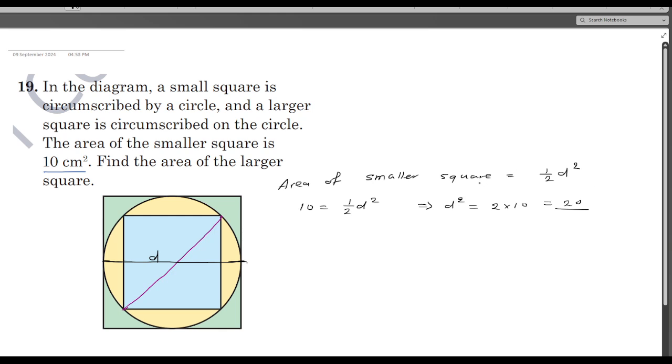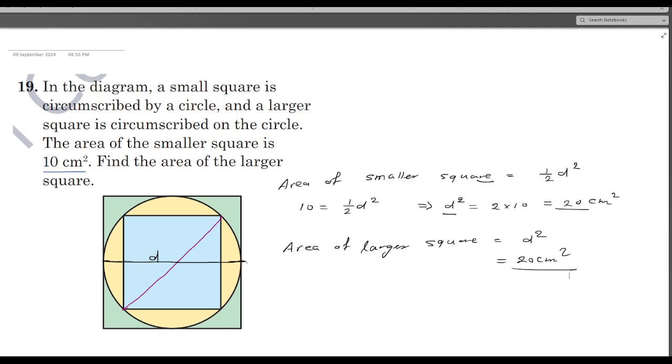So D square is 20 centimeter square. The area of the larger square equals D square, which is 20 centimeter square. So the area of your larger square here is 20 centimeter square.